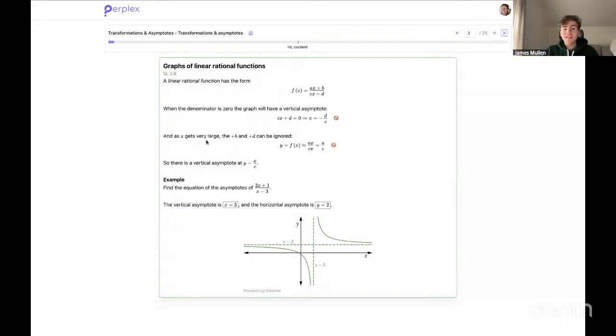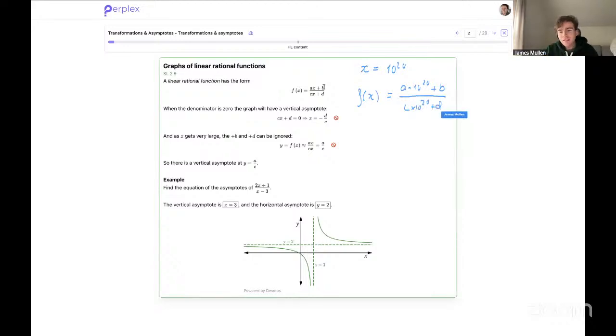Now, as x gets very, very large, the plus b and plus d kind of become irrelevant. So I want you to imagine in this expression that I put in x is equal to 10 to the power of 20. So then f of x is equal to a times 10 to the power of 20 plus b divided by c times 10 to the 20 plus d.